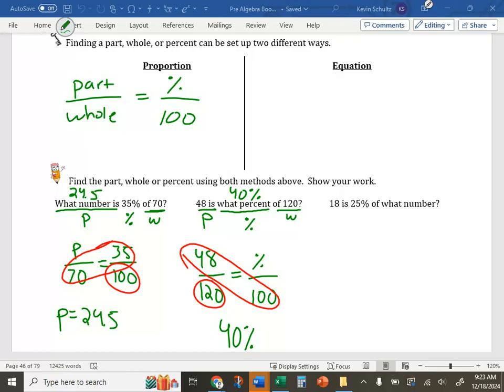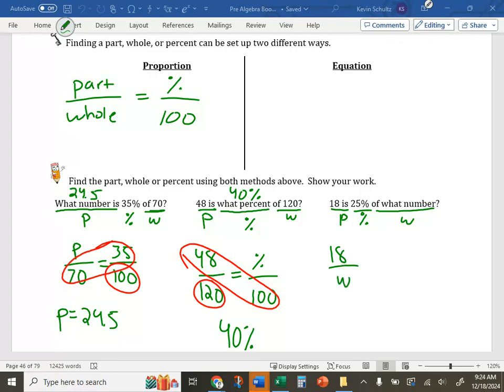You have an answer? I think so. What'd you get? I got 72. 72? Do you have a second on that? Other people got 72? Fantastic, yeah. So this is your part. Here's your percent. Here's what we're solving for, which is the whole, right? So put these pieces in the proportion. 18 goes up top for our part. Our whole, we don't know.